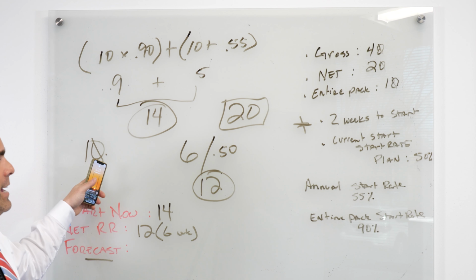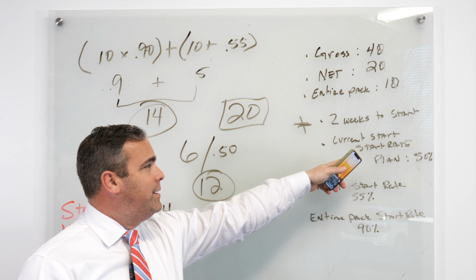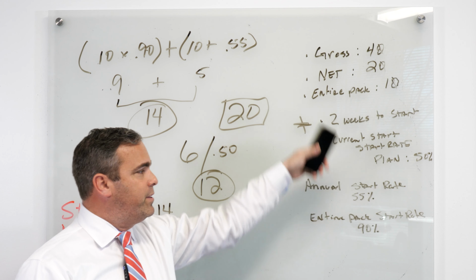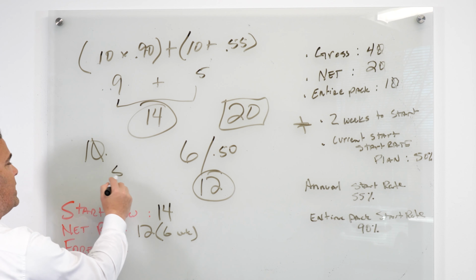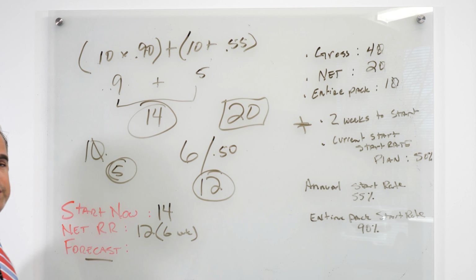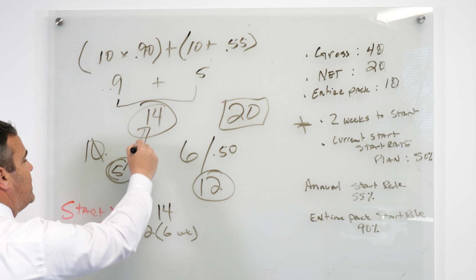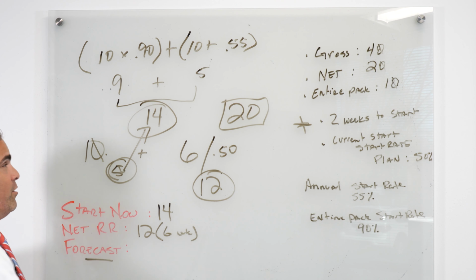So you take that 10 and divide it by the start rate you're using for the upcoming start, which is 50% for this exercise. That means there are 5 starts within that new 10 gross you write over the next 2 weeks. You take that 5 and add the 14 from the start now, which is a forecast of 19 for the start.